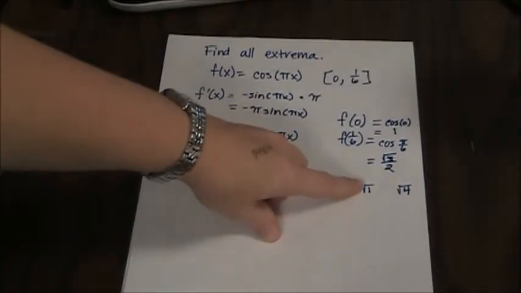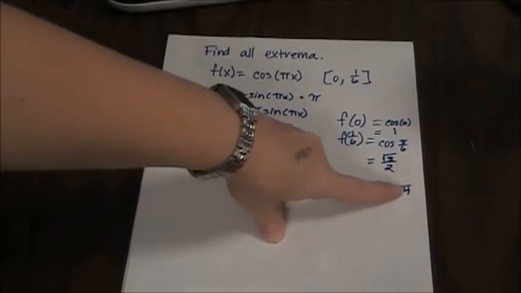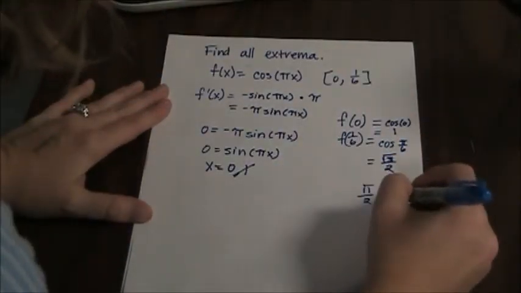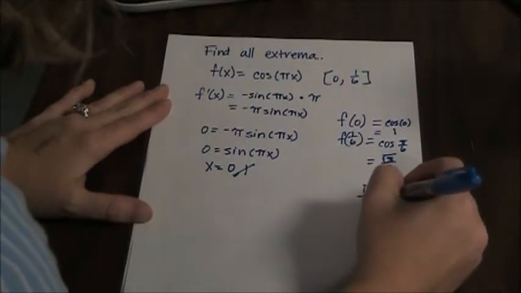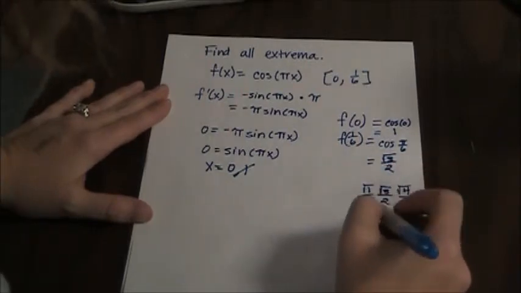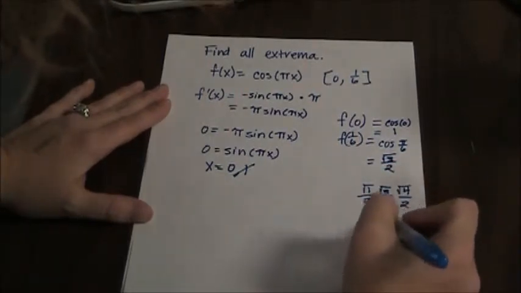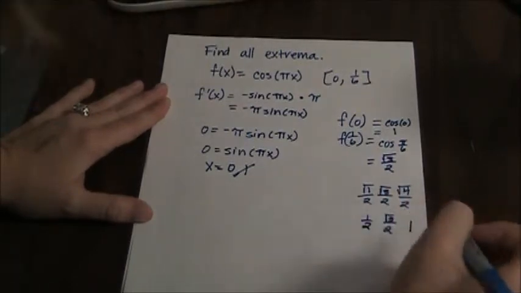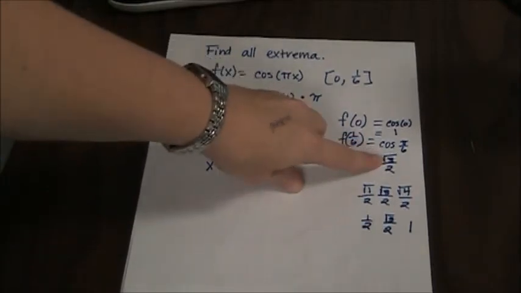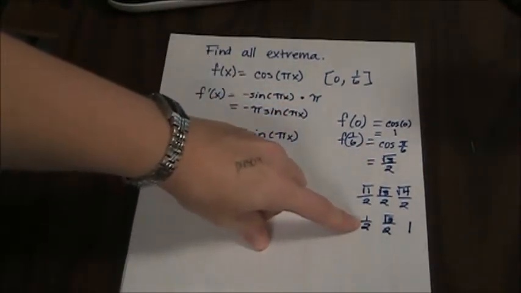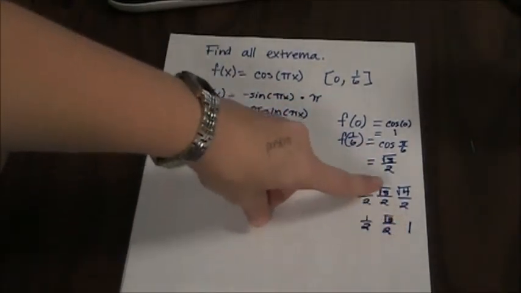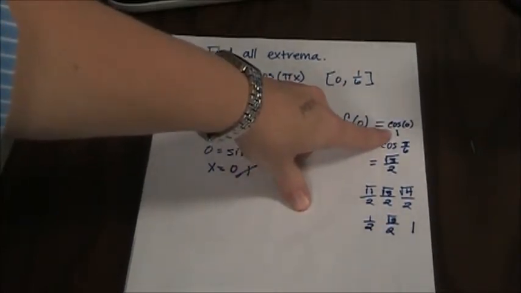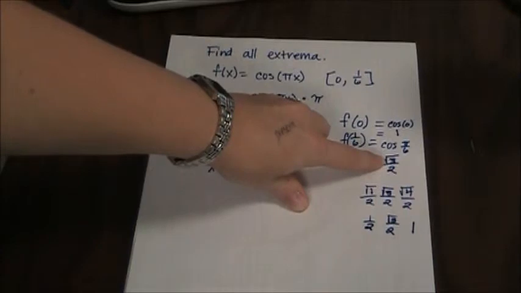That would make square root of 3 over 2 between 1/2 and 1. Therefore, it's got to be less than 1. So this is your absolute minimum.